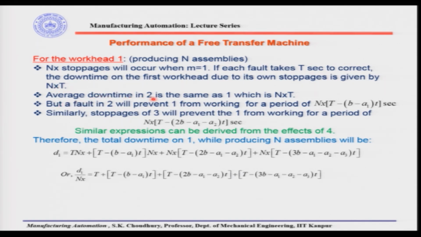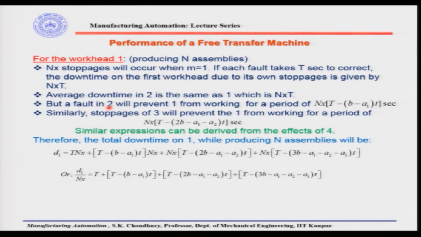Average downtime in the second machine is the same as in the first machine, which is N x T, but a fault in the second machine will prevent the first machine from working for a period of N x T minus (b minus a) into t seconds. Let us discuss what that is.